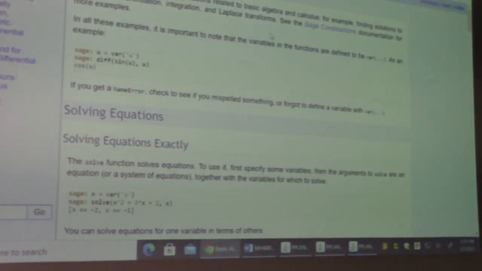Basic algebra and calculus. This should be more exciting. I guess we have to use var to define a variable.